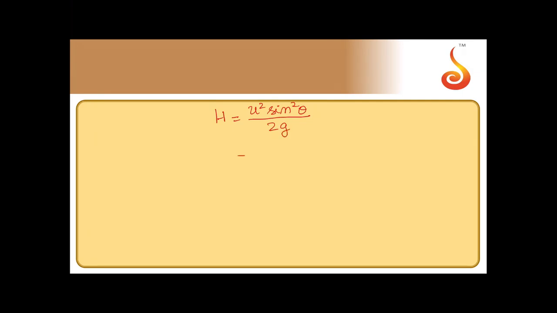So just substitute and simplify. u square is 19 square, sin 30 is half, so sin square 30 is half square, divided by 2 into 10. So 19 square is 361 into, this comes to denominator, so it will become 4 into 2 is 8, this becomes 80.